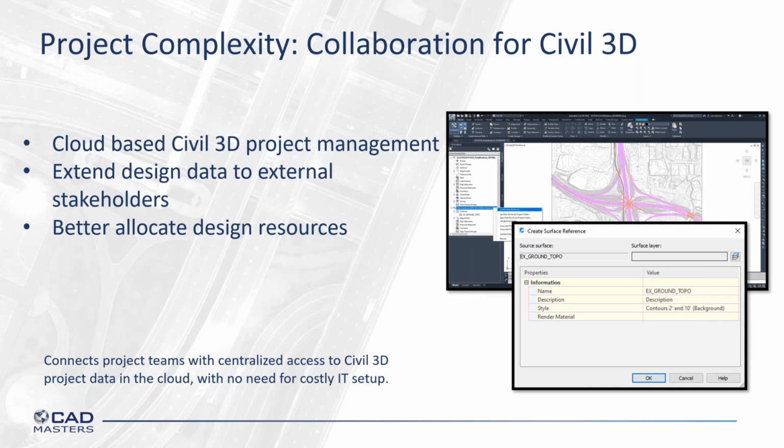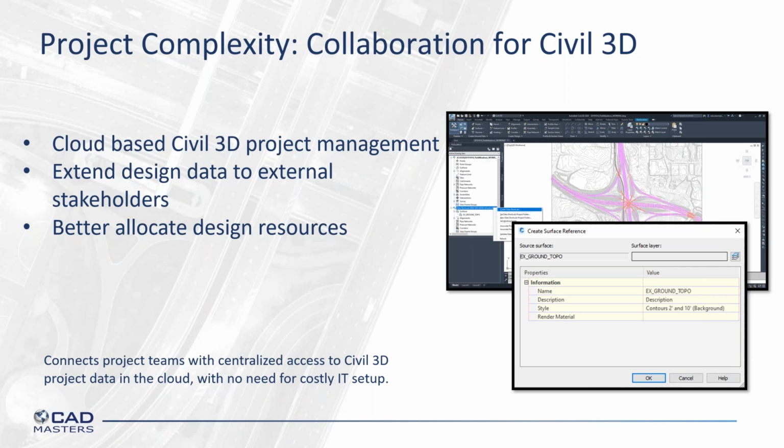So for project complexity, we can alleviate that by enabling members to better collaborate on designs. You can use BIM 360 Design to enable anytime, anywhere access to your Civil 3D projects. And with this ability, you can extend file collaboration to project teams in any location while centralizing efforts of distributed teams.